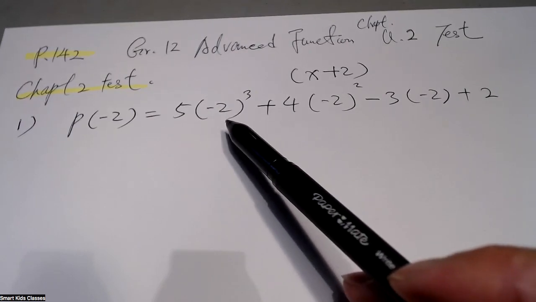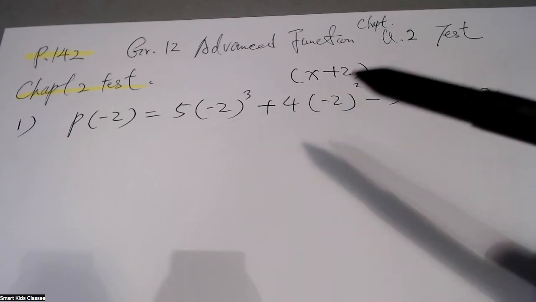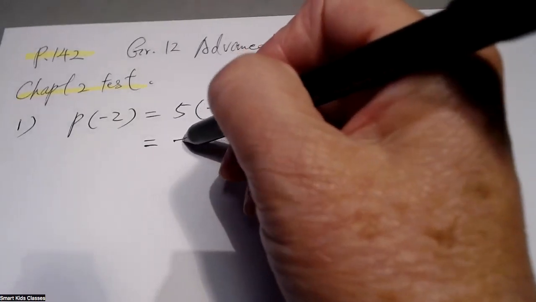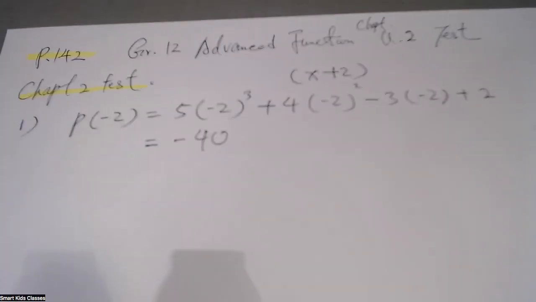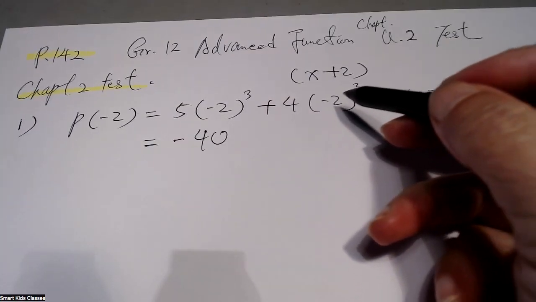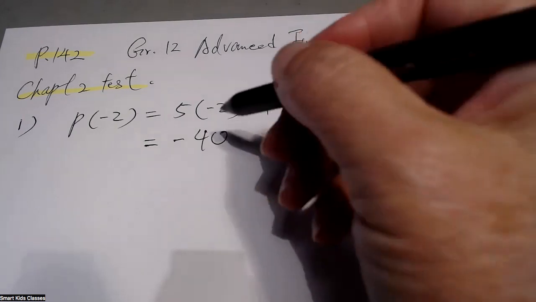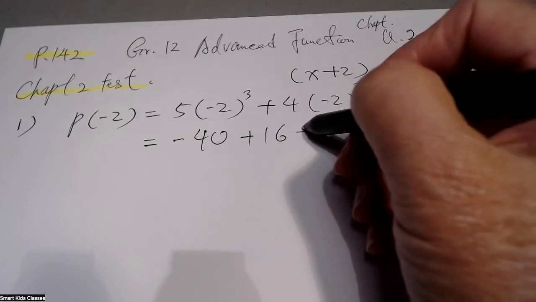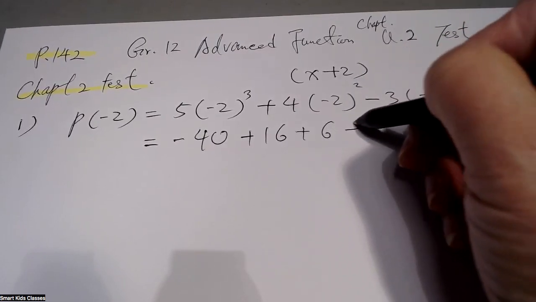So 5 times (-2)^3 equals 5 times -8, we get -40. Now 2 squared is 4, 4 times 4 is 16, so it's +16. That's at 2.